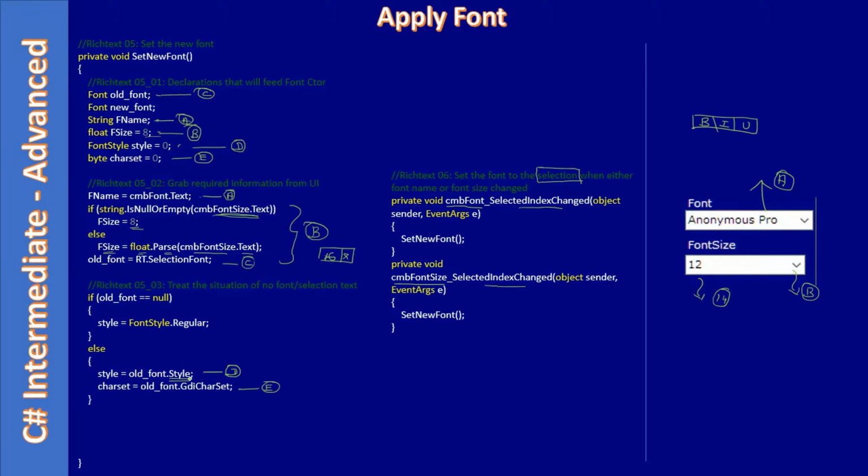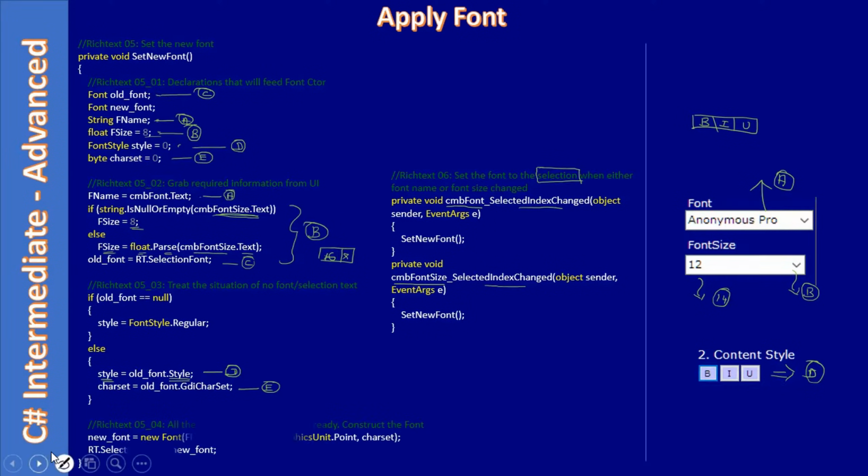So when we make use of style, the style will preserve the previous style for the selected font. Alright, now the content style is preserved here under the style. So the variable we are using D, right? That's to preserve this previously applied content.